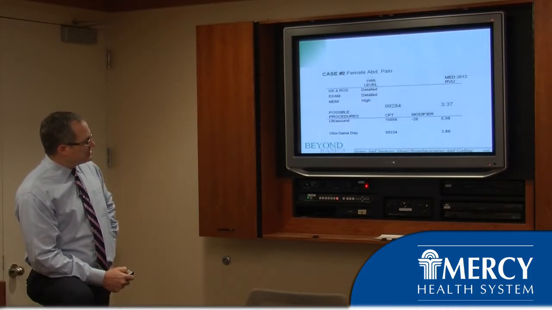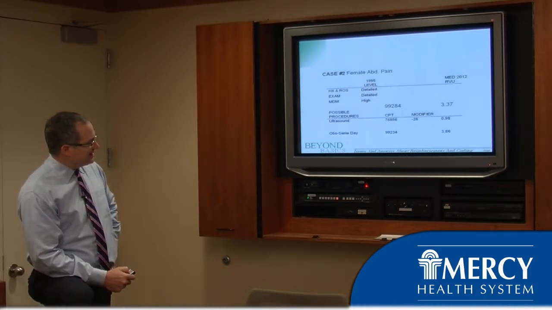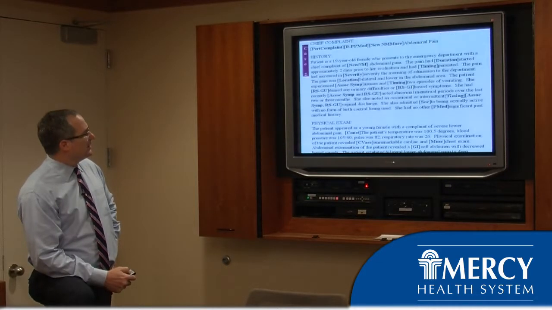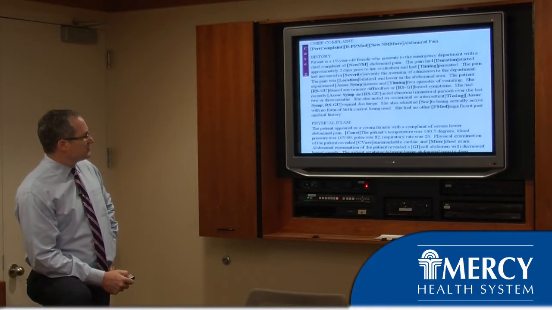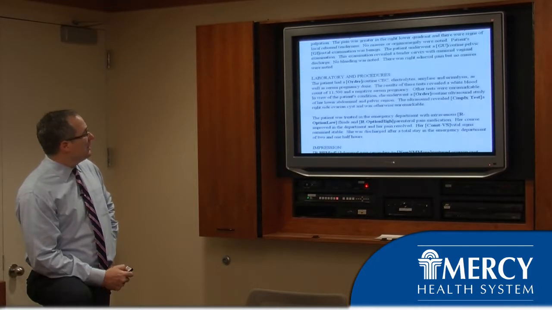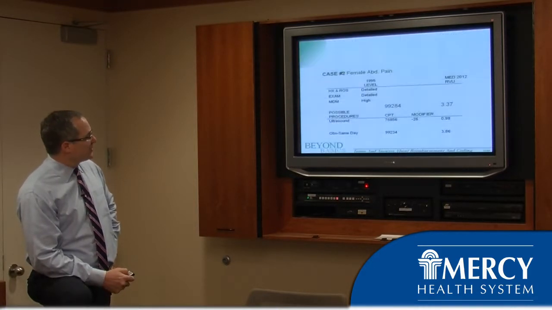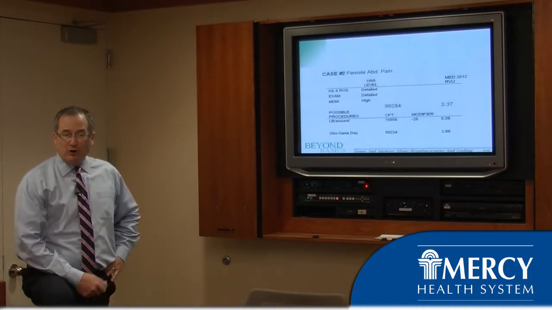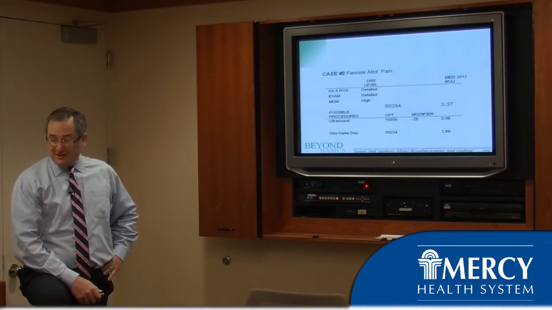A high medical decision-making was determined, but the system review only had 2 organs, allowing only a detailed history, and the physical exam had only, I believe, 5 organs. So while a high medical decision-making would have been allowed, the history and the exam turned that into a 4. Make sense?